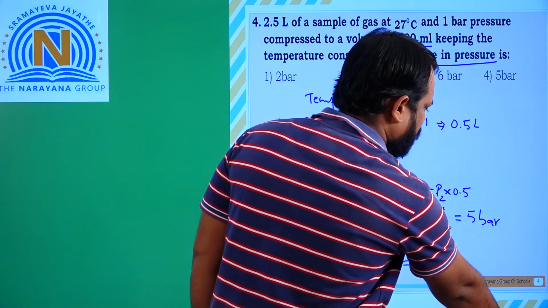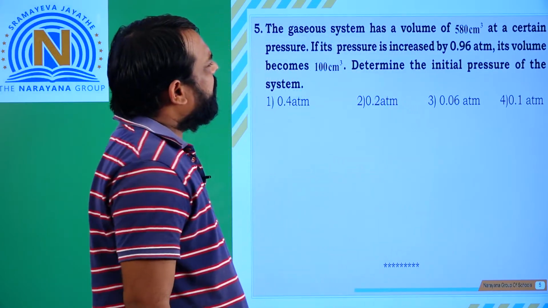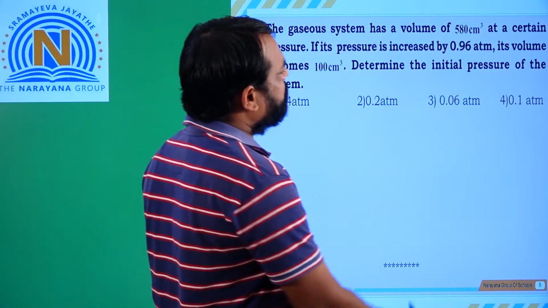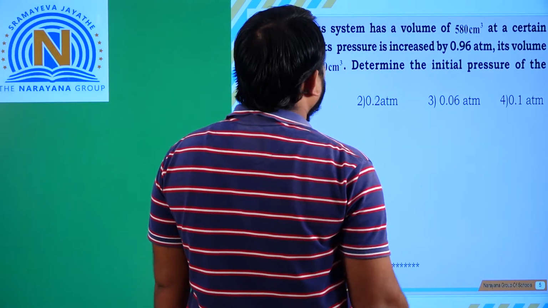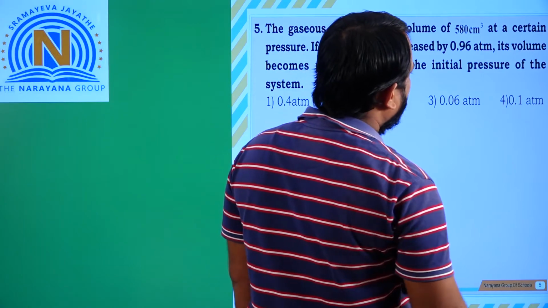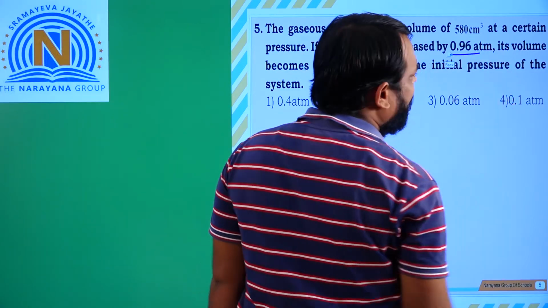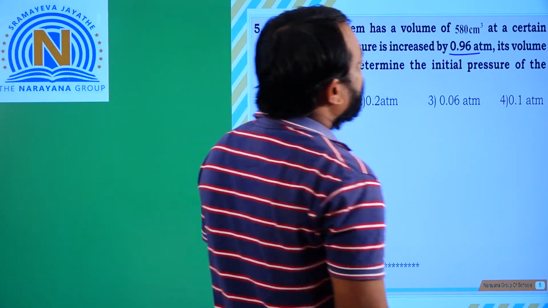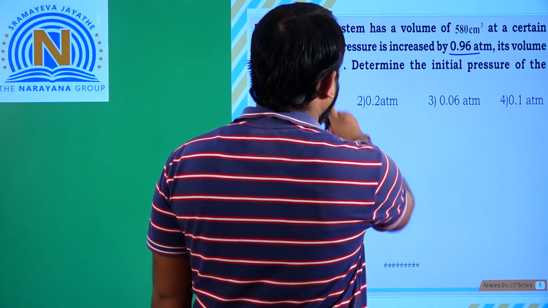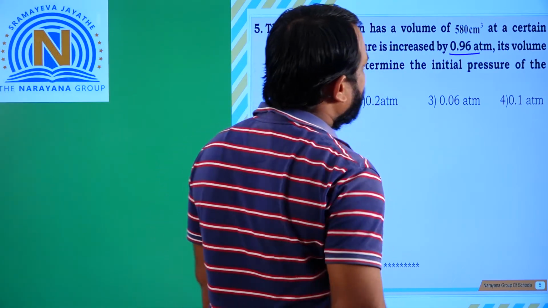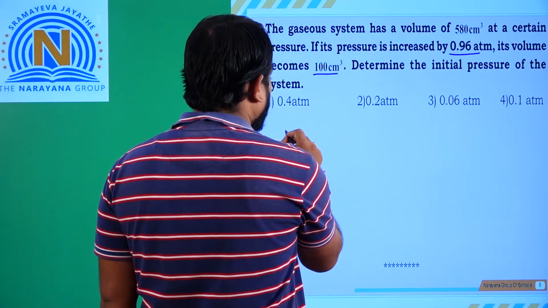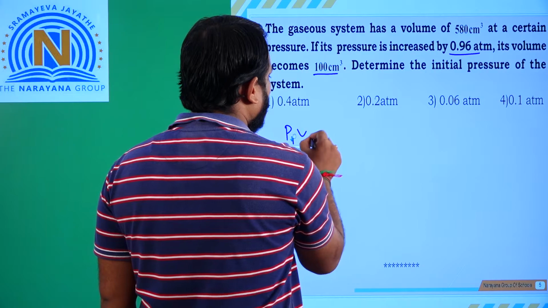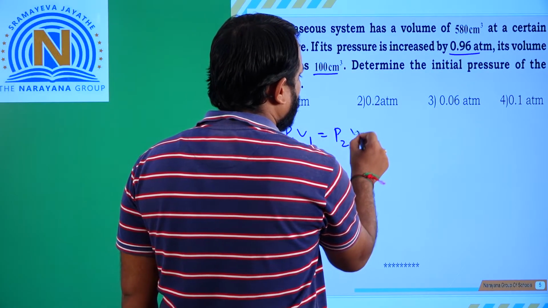Next we will move to the next question. A gaseous system has a volume of 580 centimeter cube at a certain pressure. If its pressure is increased by 0.96 atmosphere, its volume becomes 100 centimeter cube. Determine the initial pressure. Generally the formula is P1 V1 is equal to P2 V2.